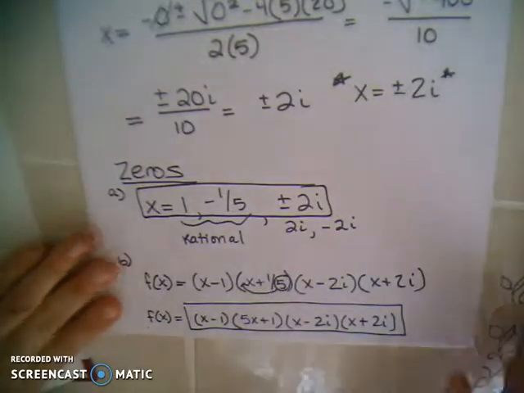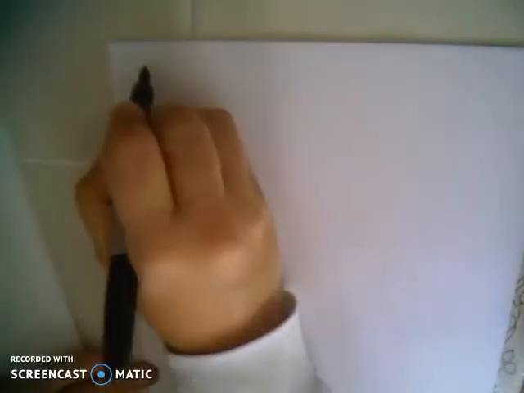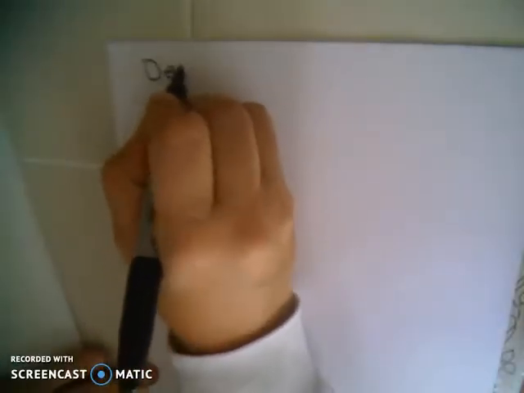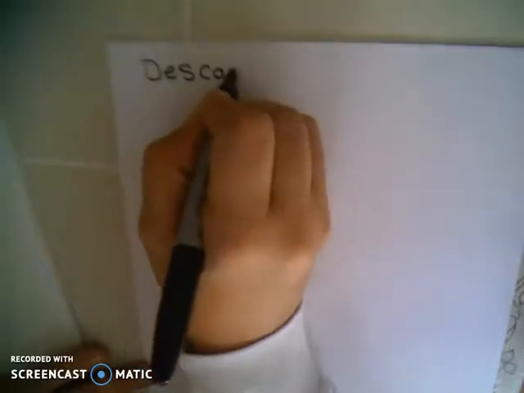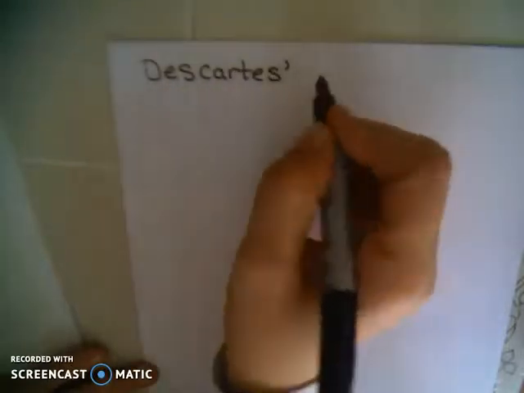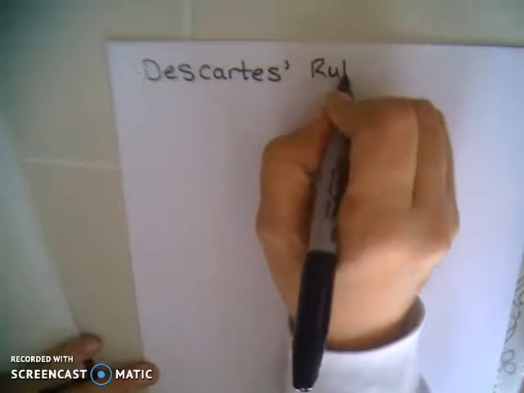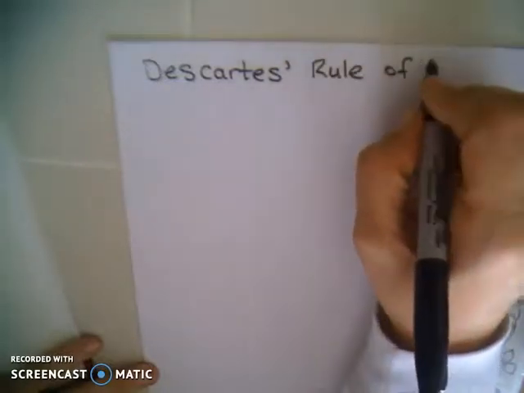So the last thing I want to do really quick is show you Descartes' Rule of Signs. It doesn't really solve anything for you, but it does narrow down how many positive and negative zeros your polynomial could potentially have.